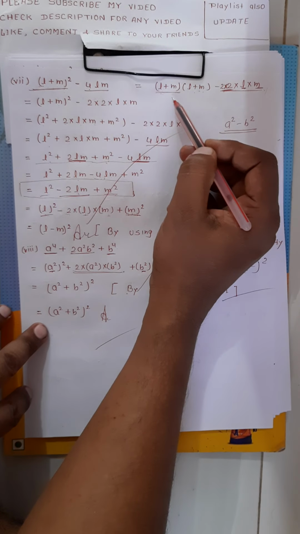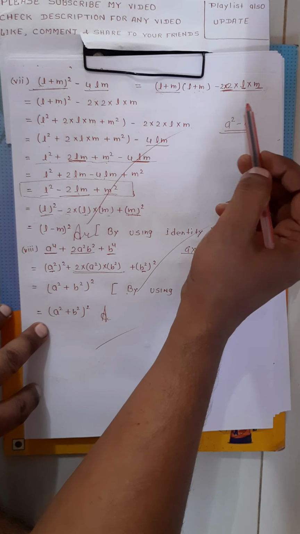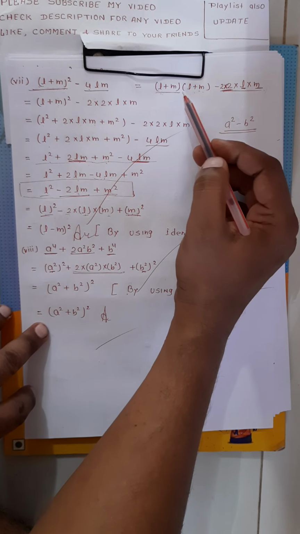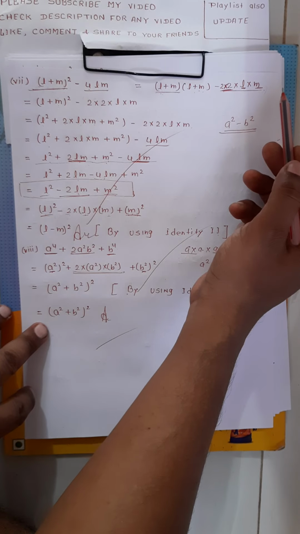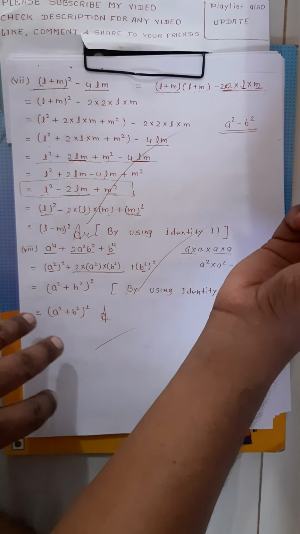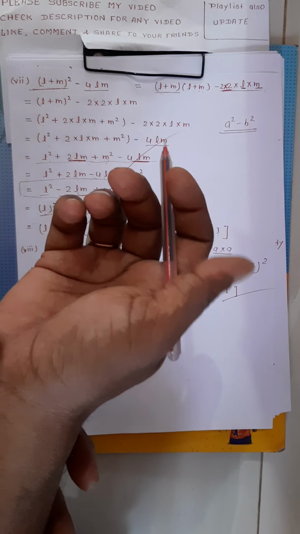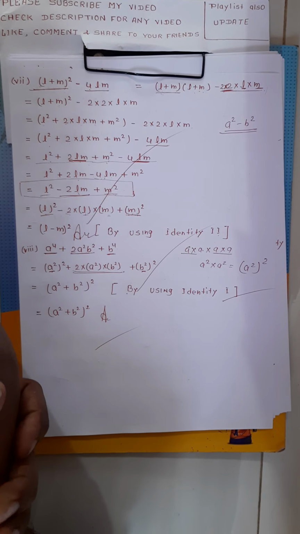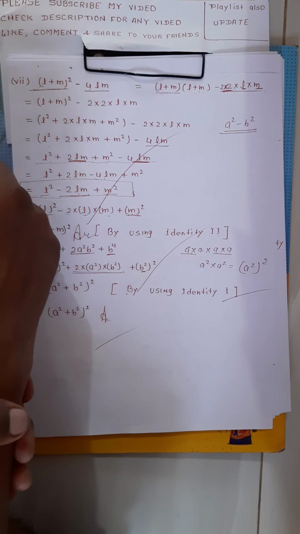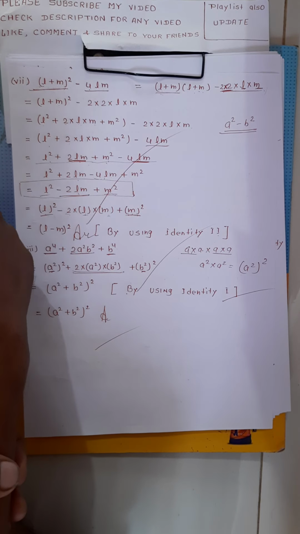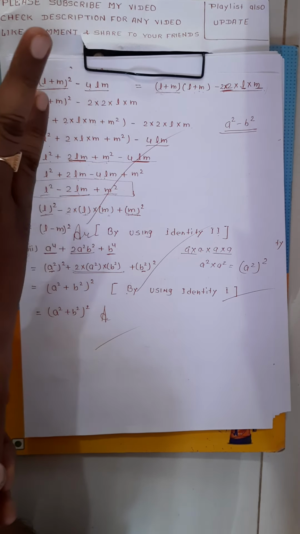Here there is (l plus m), but here there is no (l plus m), so we cannot take out any common factor from both terms. Now we will check for regrouping. Here we cannot use regrouping because it has only two terms.